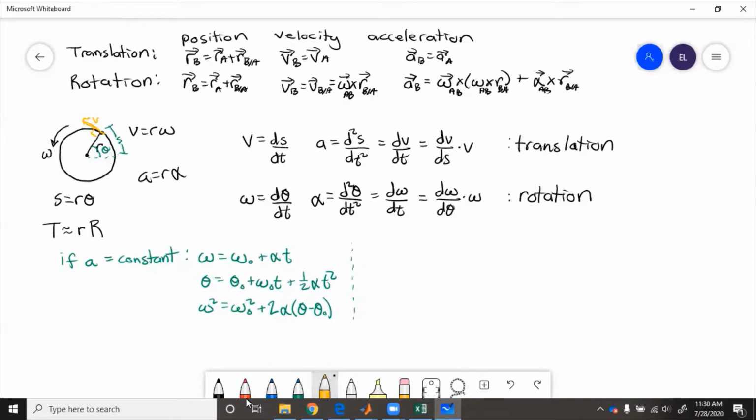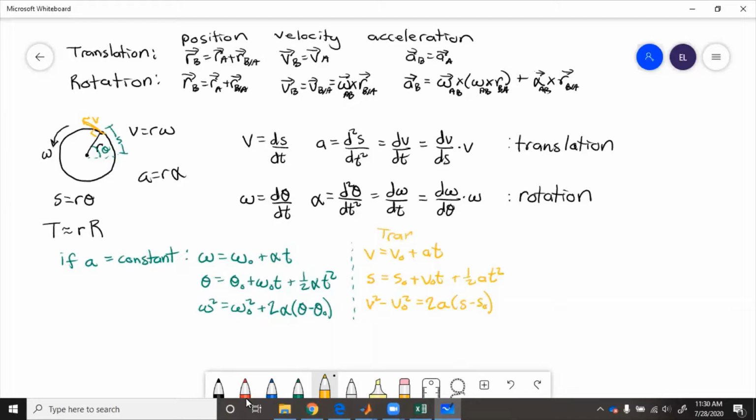And this looks really similar to the ones we had for translation, which were similar to the projectile motion equations. V equals V initial plus AT, S equals S initial plus V initial T plus 1/2 AT squared, and then V squared minus V initial squared equals 2 times A times S minus S initial. So that is for constant acceleration.